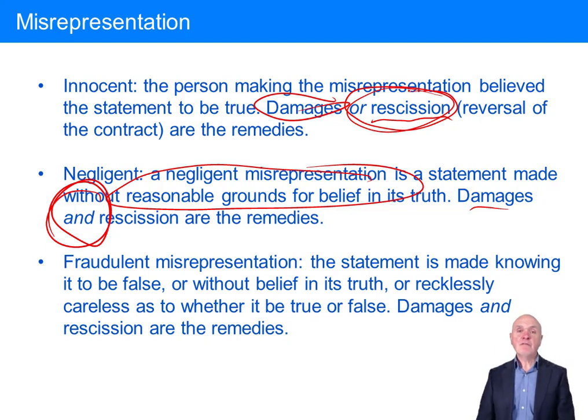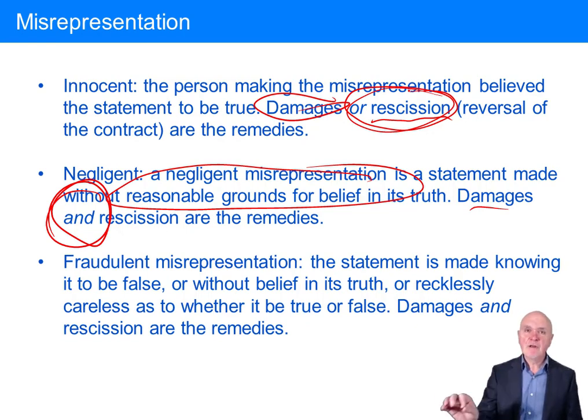And finally, you have fraudulent misrepresentation. This is where a statement is made knowing it to be false, or really without any belief in its truth whatsoever, very, very recklessly and carelessly as to whether it's true or false, made really with the intention of making this false statement to induce the person into going through the contract.